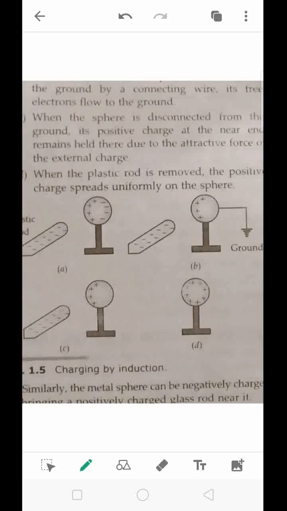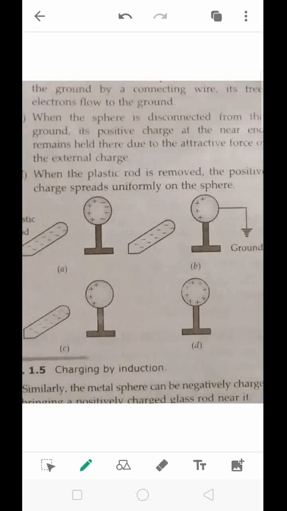All the charges present on the surface of the conducting sphere, that is all the positive charges, will get redistributed throughout the surface by the process of induction.